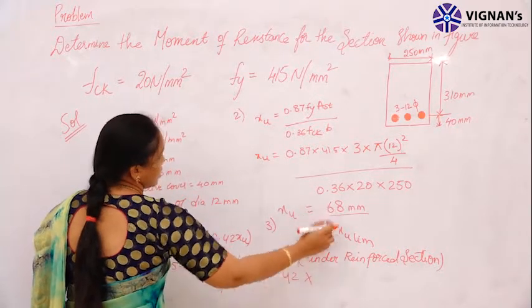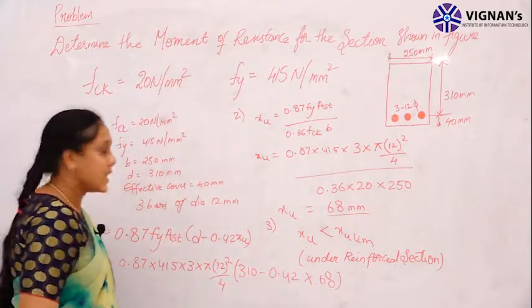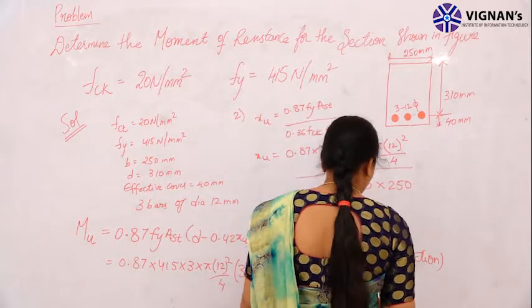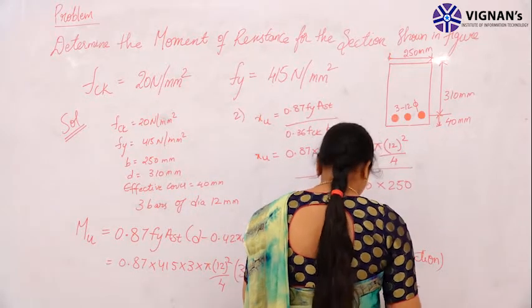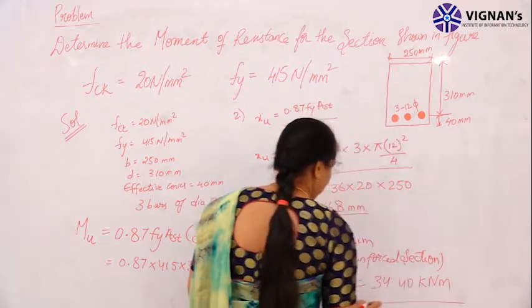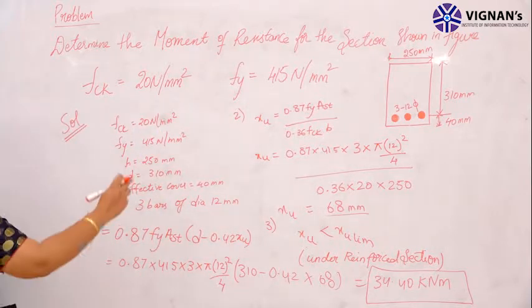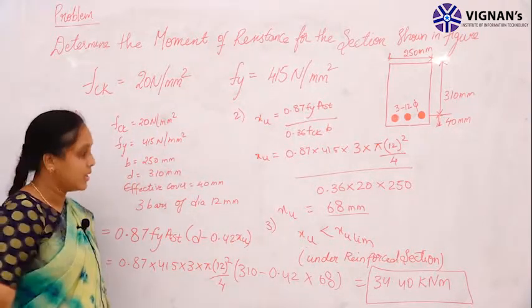What is the value of xu we got here? It is 68. So if you calculate this, you will get a value of 34.40 kilo Newton meter. So this is the moment of resistance for this particular beam section.